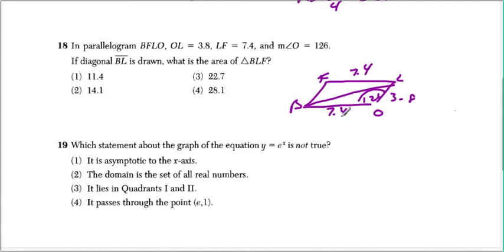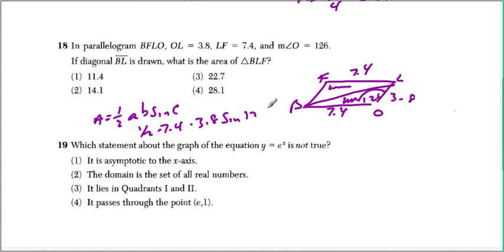That means that this is 7.4. This triangle and this triangle are the same triangle. So area is equal to 1/2 AB sine C, which in our case is 1/2 times 7.4 times 3.8 sine 126. Type that in your calculator and you end up with 11.4.